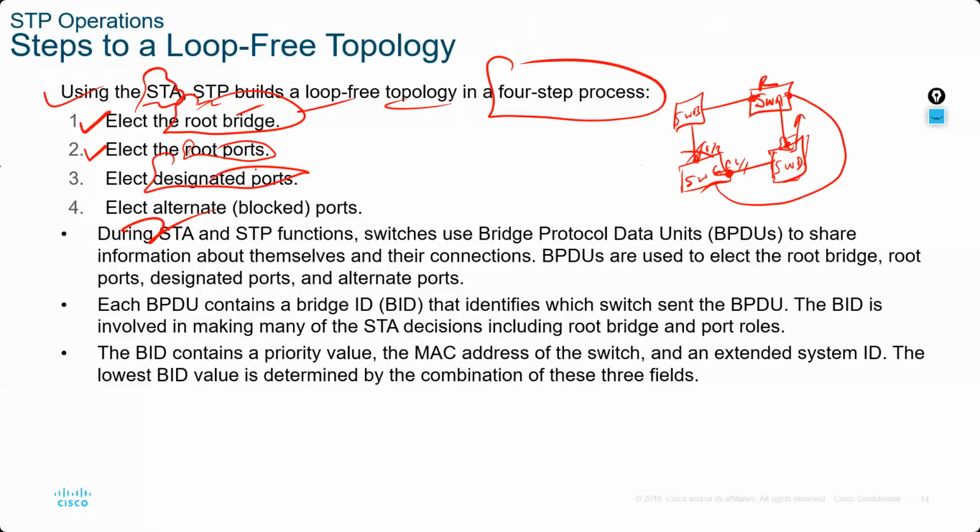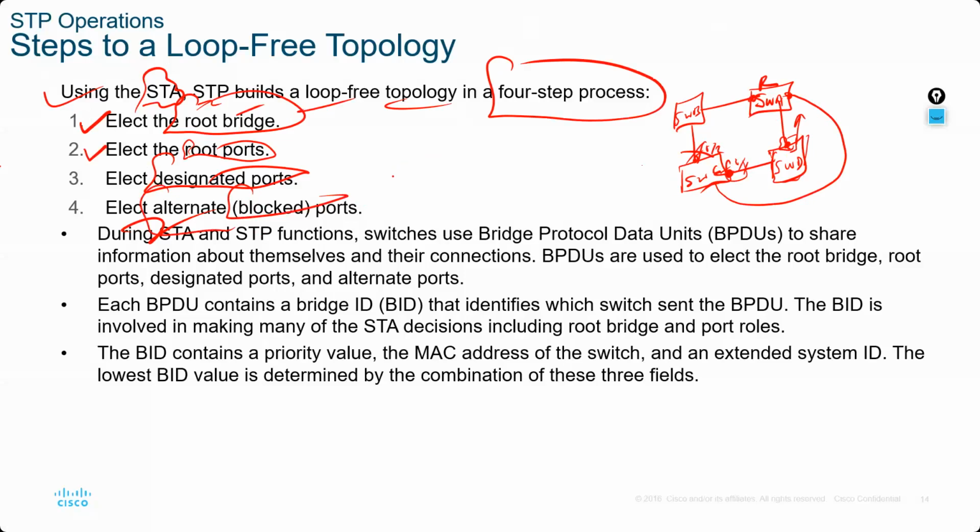All of them. But the port that the switch is using to go to the root bridge at that point in time is called the root port. And the other port that is blocked at this point in time is called the blocked port or alternate port, because that one also can be used later. So you need to know all of these ports: root port, designated port, alternate ports.